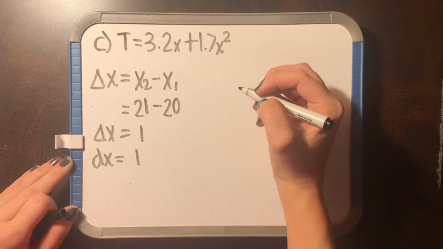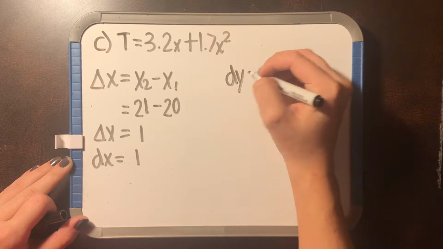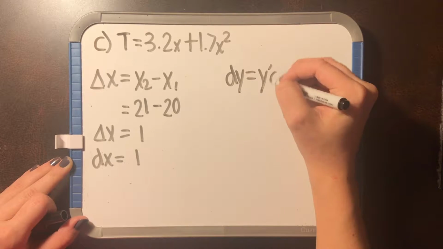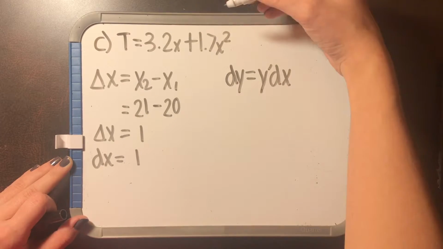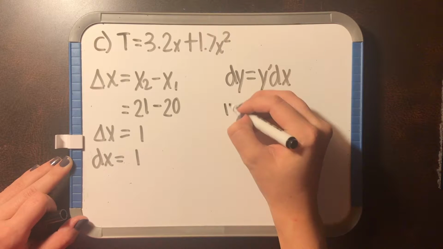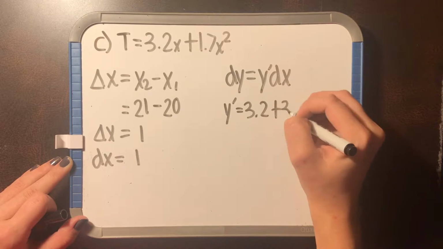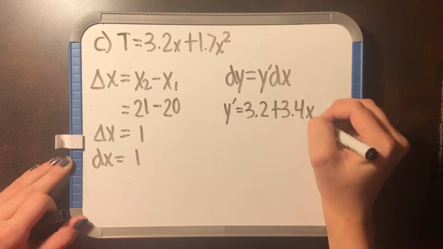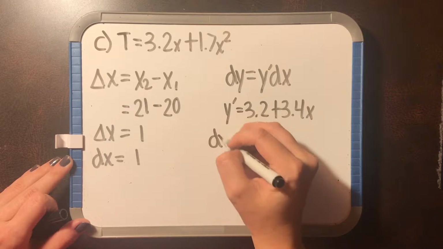Now, we need to calculate our approximation by using the formula of dy, which is... But first, we need to get the derivative from our original equation, which is... Now that we have our derivative, we can start substituting.